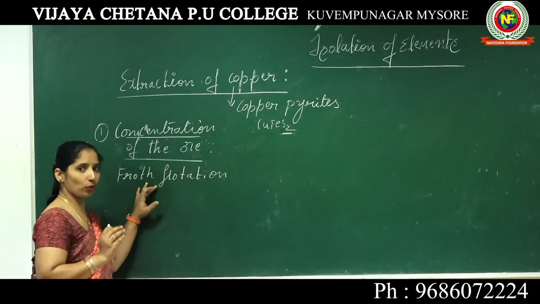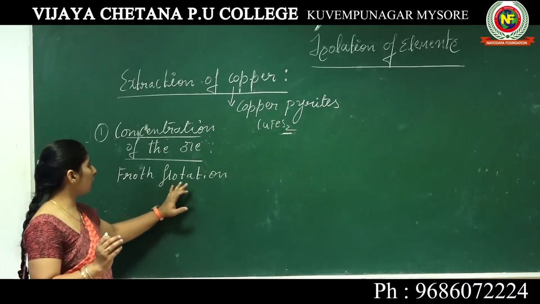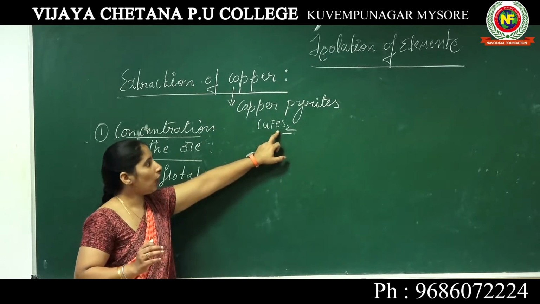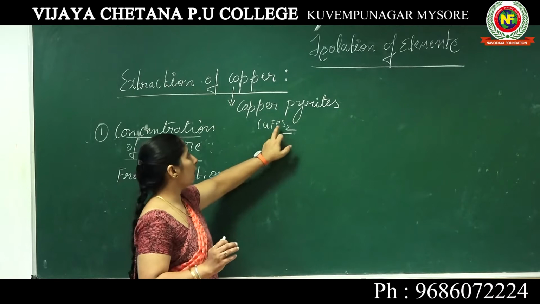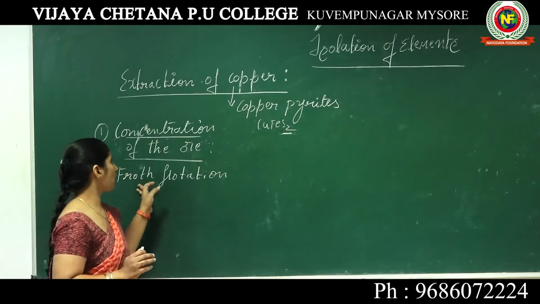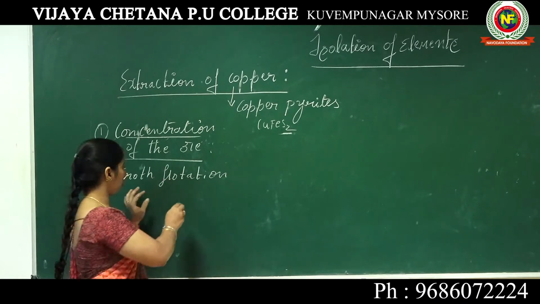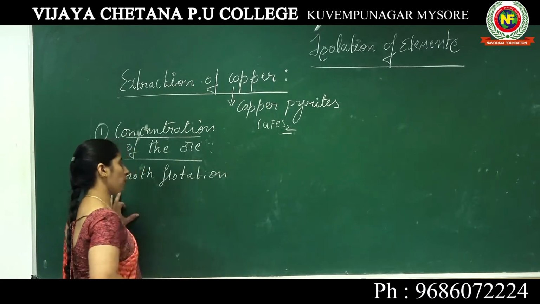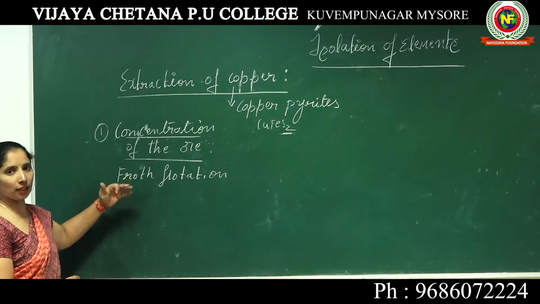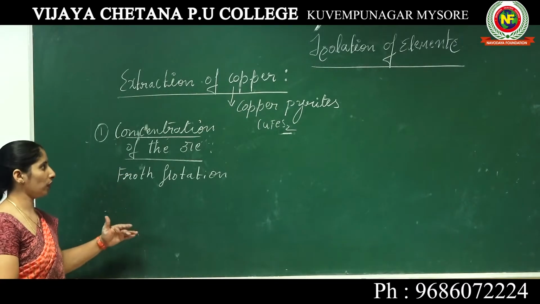Why am I taking Froth flotation? Because Froth flotation is used where the ore contains sulfide ores. I already explained this in the previous classes. For sulfide ores, to increase the concentration of the ore, we use this Froth flotation process. Through this process, we increase the concentration of the ore.